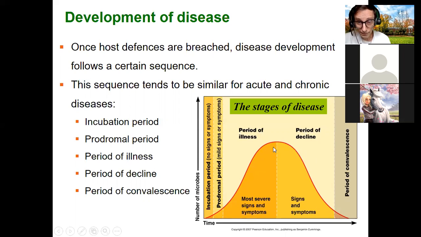AIDS used to be that way. Of course, now they have drugs that can keep the patient alive. The patient is always infected with HIV, but the patient can be kept alive for a long period of time, and so the patient may die of other causes.